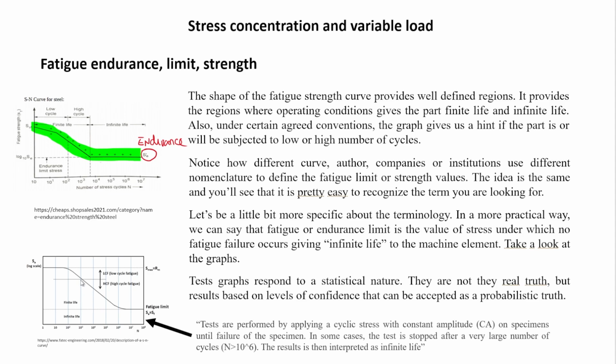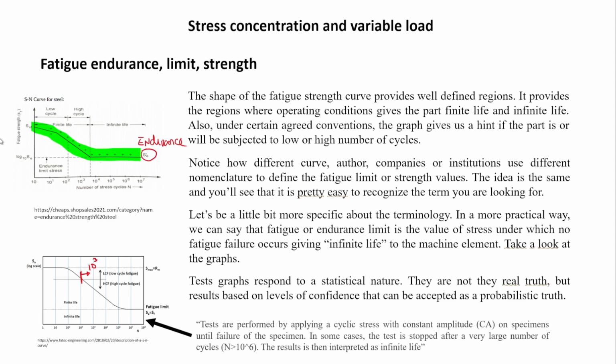In here, for example, if a part lasts more than 10 to the 3 cycles, we are considering that a high cycle part, one that is going to last a large number of cycles. And at some point, it might be possible that the part is never going to fail by fatigue.